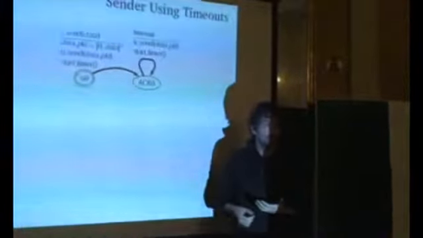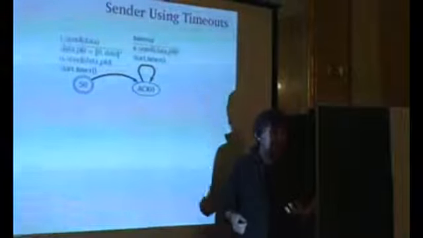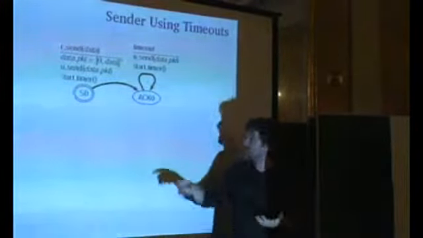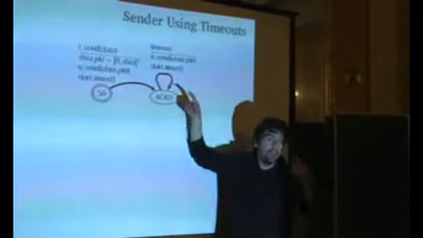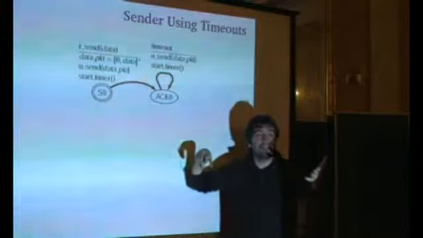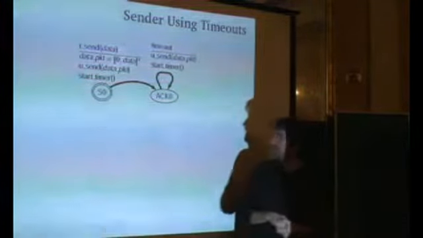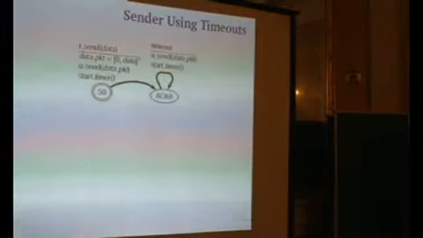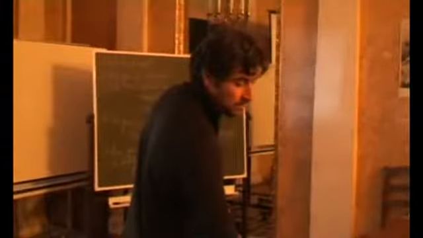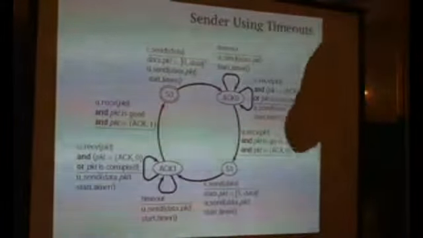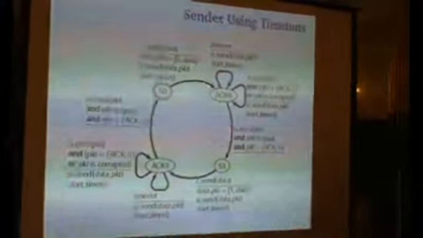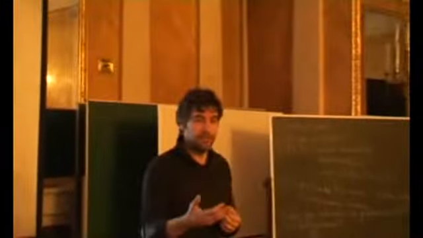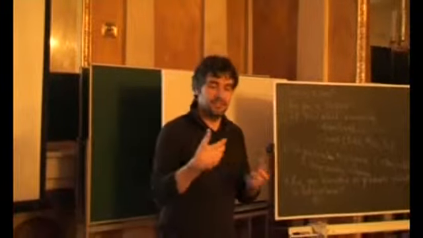I assume that you said something and that it got lost. So a timer goes off in my head and I say something again to you. That's it. This whole protocol is called stop and wait. Because I say something, I wait for you to say uh-huh. If I don't hear it, I say it again, and so on.